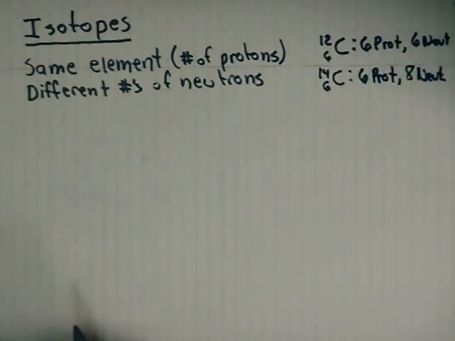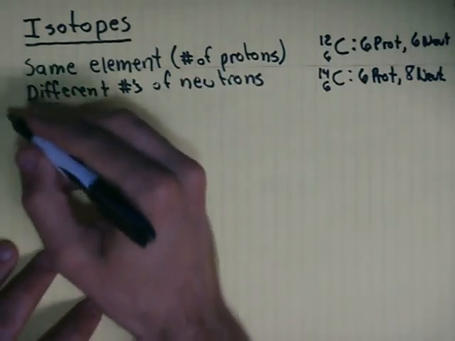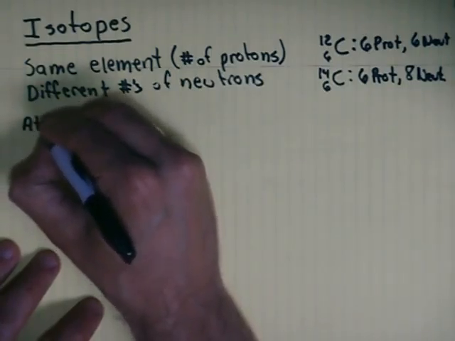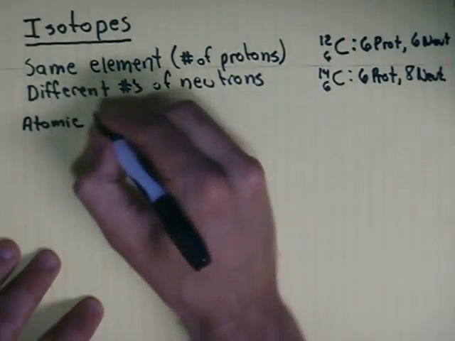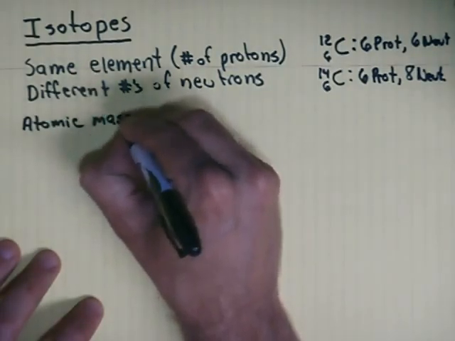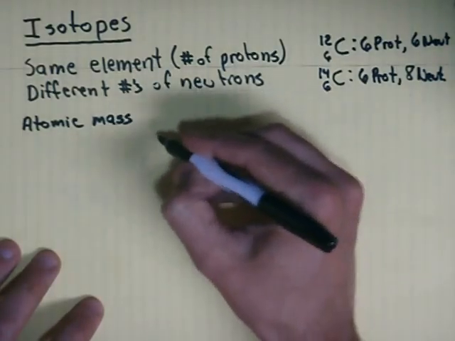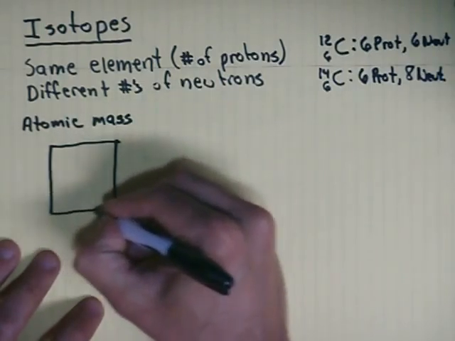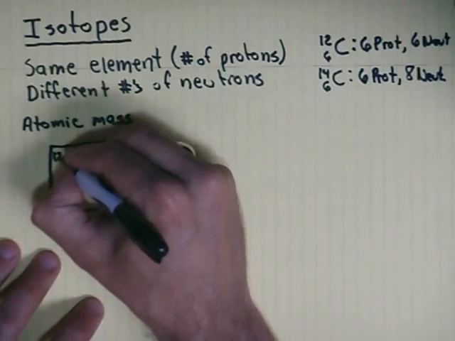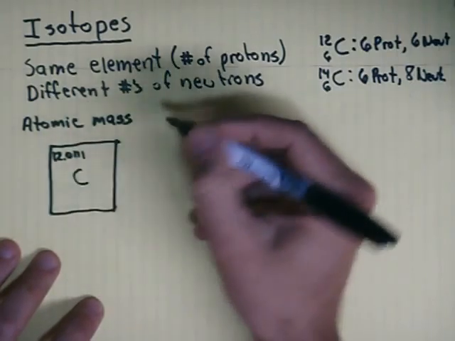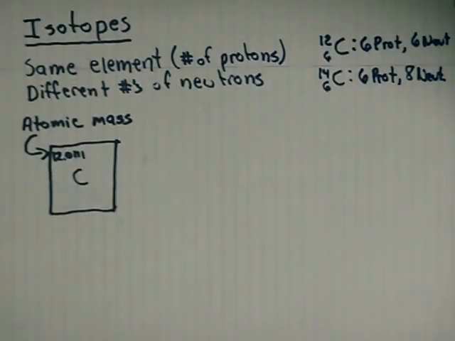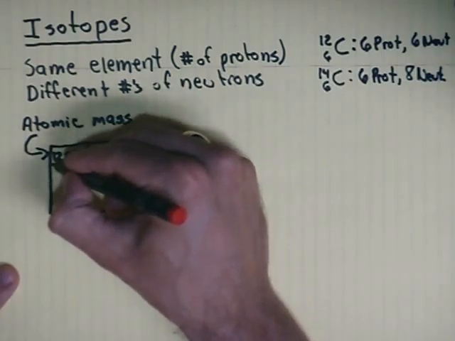So when we start talking about isotopes, just to clarify some terms. One term that we've used, when you look at a periodic table, you'll see atomic mass. Using carbon as an example, on the periodic table, this number in the top left corner is the atomic mass.